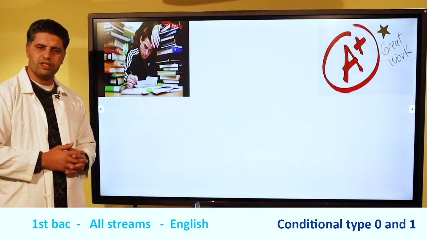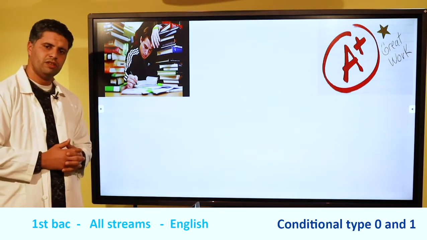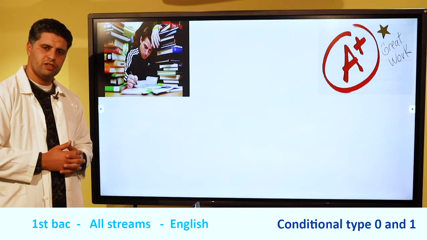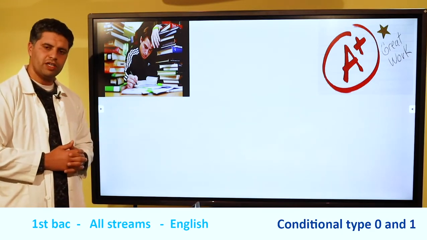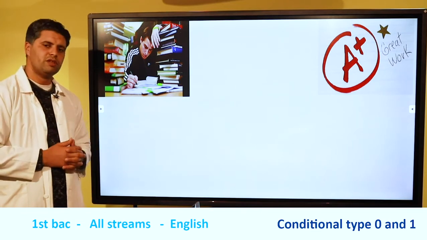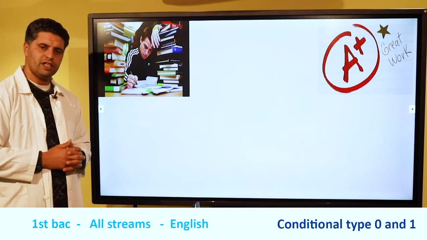If I ask you again, what is the relationship between the first picture and the second picture? Yes, of course, you will say that when we study hard, we get good marks. So there is a strong relation between the first action and the second action.